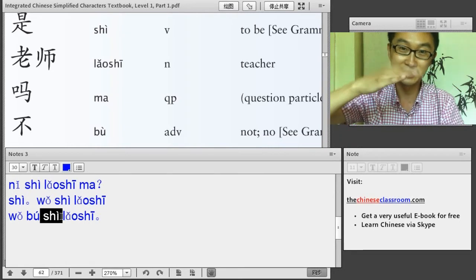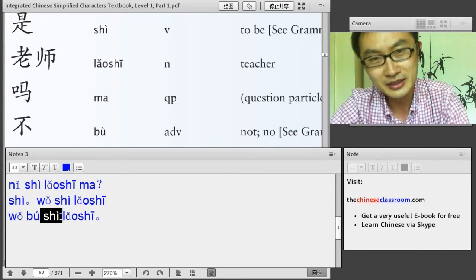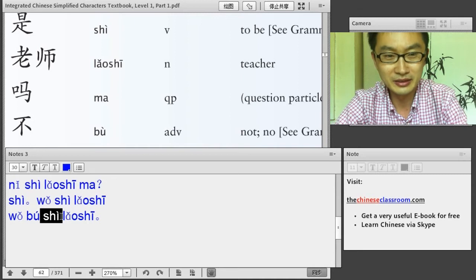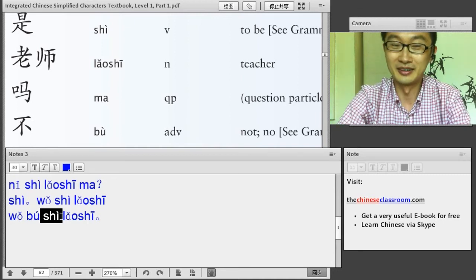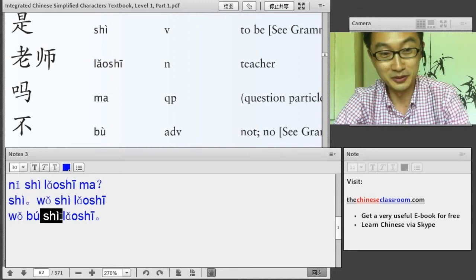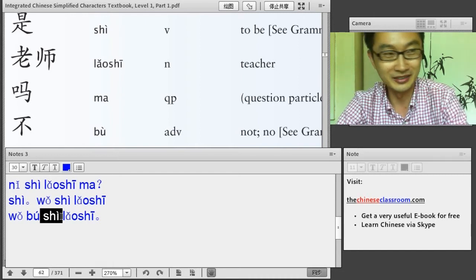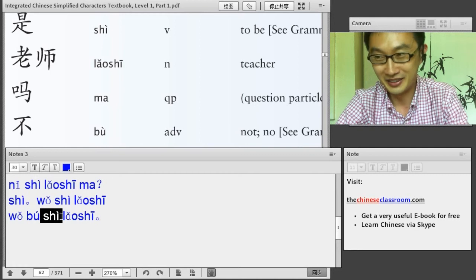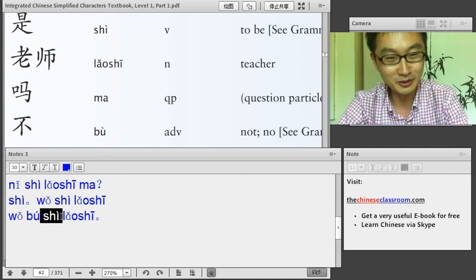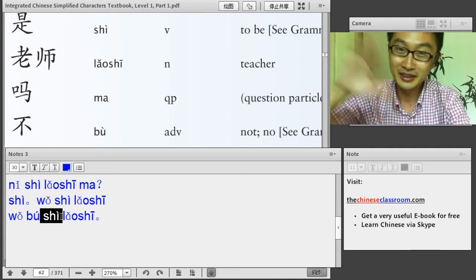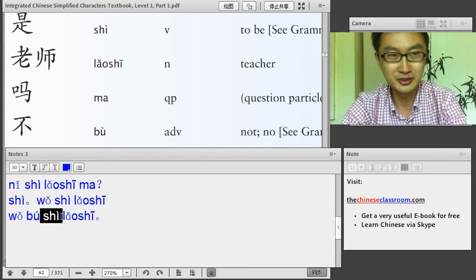Again, we change it to the second tone because it's kind of hard to pronounce, or you feel not really good to pronounce the two fourth tones, too strong. You say 我不是老师. Even Chinese people feel that's a little weird and it's better to change a little bit. So then we change it to second tone. We say 我不是老师. This sounds much better.